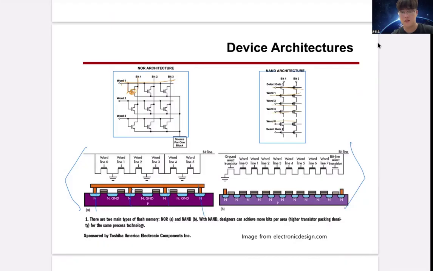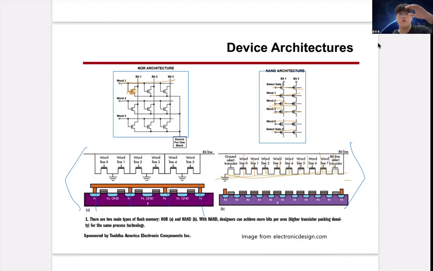If we want to trap the data on word line 2 floating gate, first we have to apply the bias on all word lines like this. And if some bit line bias is applied, the electrons can flow like this.